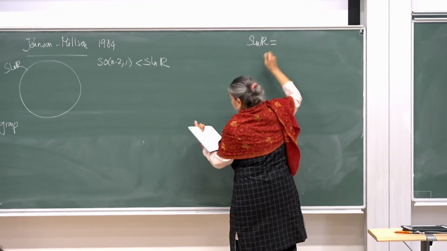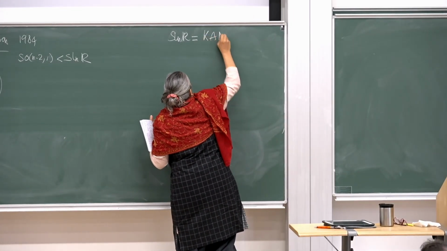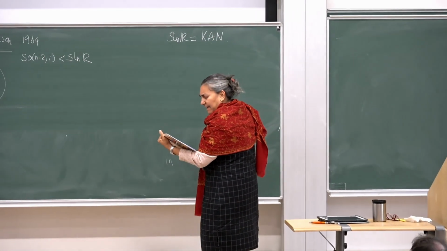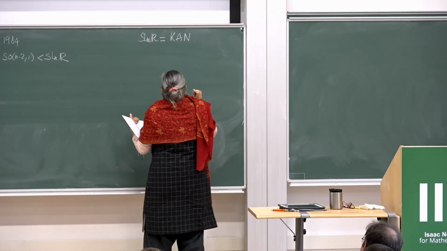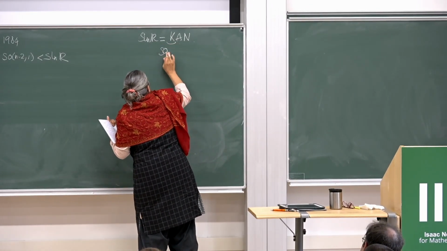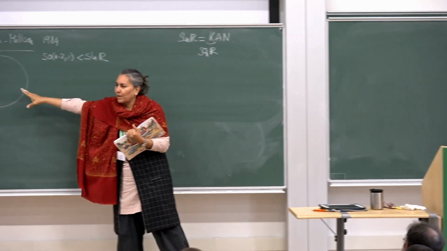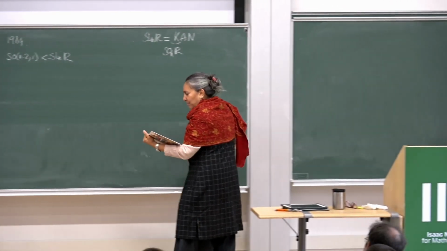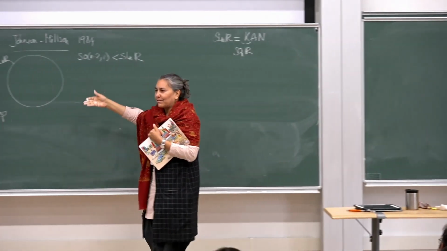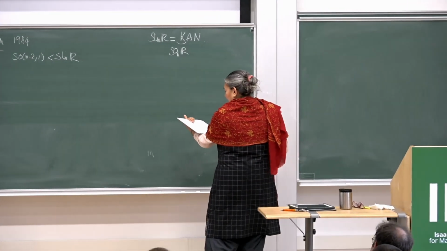In fact, SL_n(R), we decompose it as KAN. I think this is the Iwasawa decomposition. And so this is SO_n, the maximal compact group. So this would really look a little bit more like this. Even though that's not true, it has all the topologies in there. So maybe, okay.